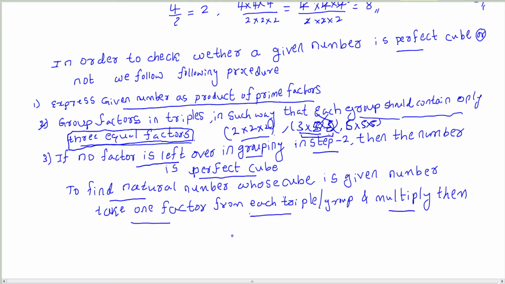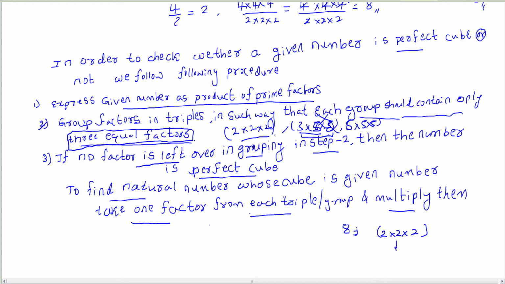I will give an example, then you can easily understand. For example, 8 is a perfect cube. First, 2 into 2 into 2. I group them, there exists only one group.